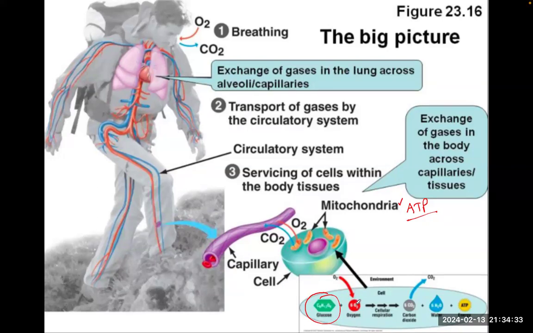And by doing that within the cell, especially in the mitochondria, through cellular respiration, which is the Krebs cycle, which is the citric acid cycle, well, first we should say glycolysis, then the Krebs cycle, then the electron transport chain.